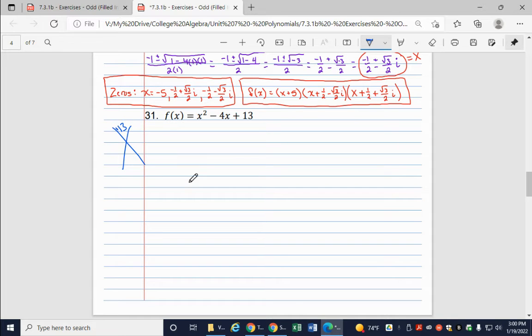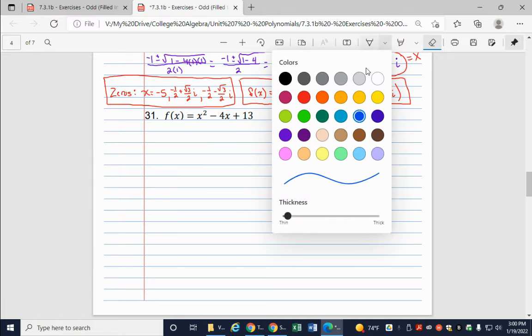So I'm looking for a positive 13 when I multiply, and a negative 4 when I add. But the only way to get a positive 13 is 1 and 13, and there's no way to use a 1 and a 13 to get a 4. So it doesn't factor, which means I have to use the quadratic formula. But that's okay. We can do that.